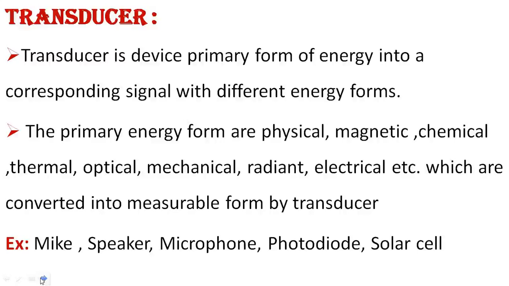Examples are the microphone, speaker, photodiode and solar cell. These are some examples of transducers which convert one form of energy, the primary energy, to secondary energy. Like a mic, it converts your voice into an electrical signal.